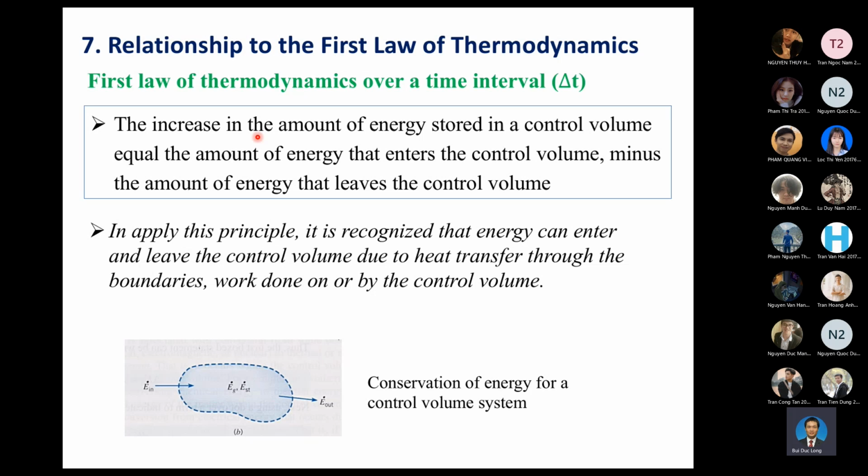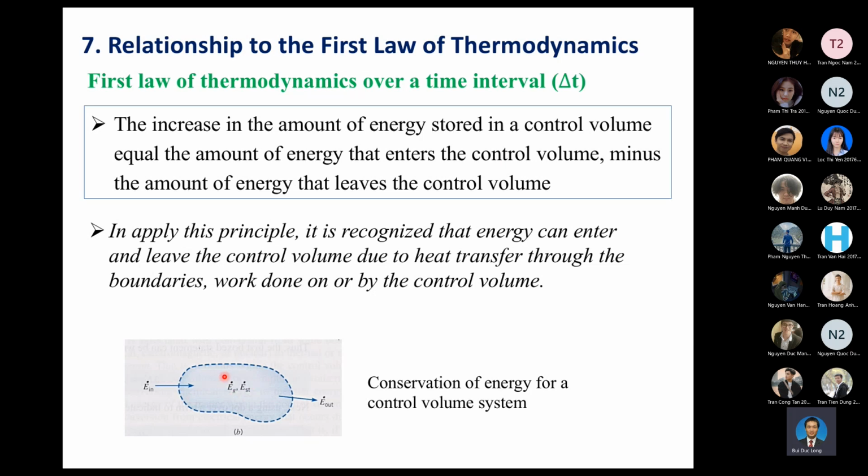The increase in the amount of energy stored in a control volume is equal to the amount of energy that enters the control volume minus the amount of energy that leaves the control volume, as I mentioned before.